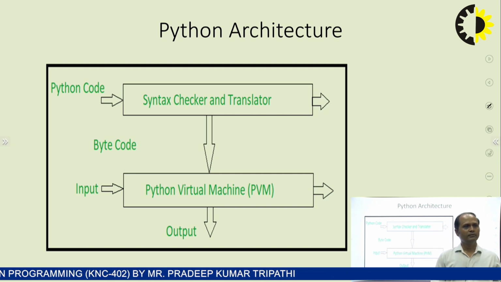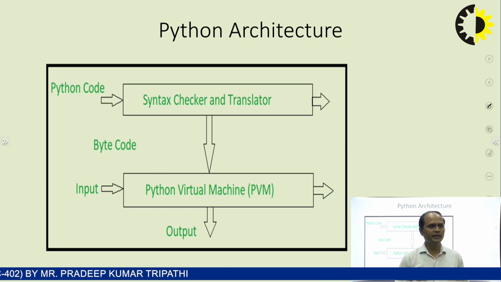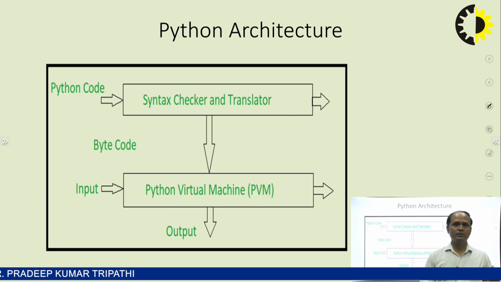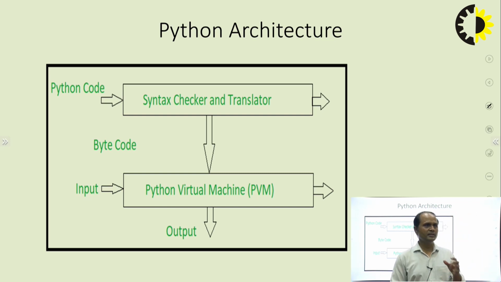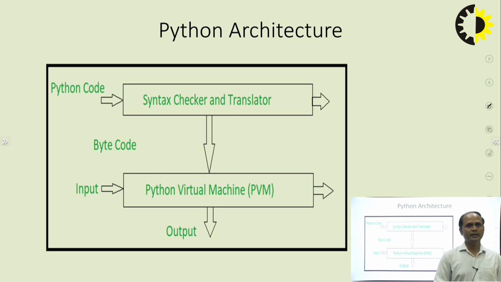We input the Python code, then the machine checks the syntax and translates the code into byte code, and the byte code goes to the PVM, that is called the Python virtual machine. After getting the byte code, the machine generates the output. This is the basic Python architecture by which we run a program in Python.